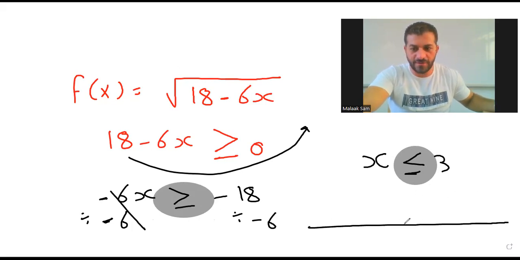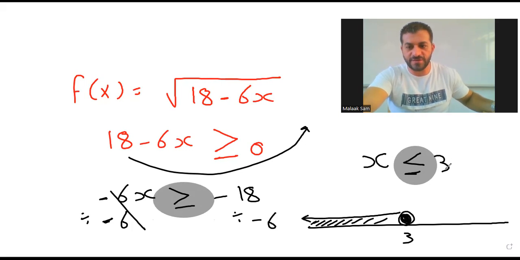On the number line, we will go in this direction. So the domain is negative infinity and 3 closed.